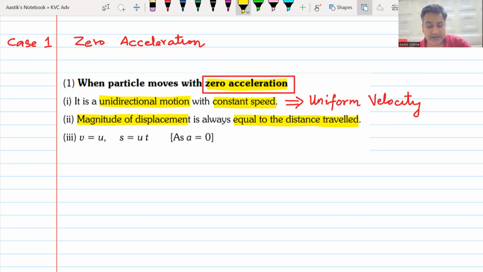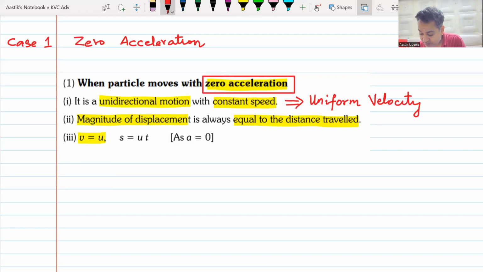This is the only case when the particle moves with a uniform velocity with zero acceleration. It will keep on moving in the same direction with the same speed, and in this case the magnitude of displacement, because it is in a straight line, and the distance, because the path is also a straight line, will be same. V, the final velocity, will be same as u, the initial velocity.